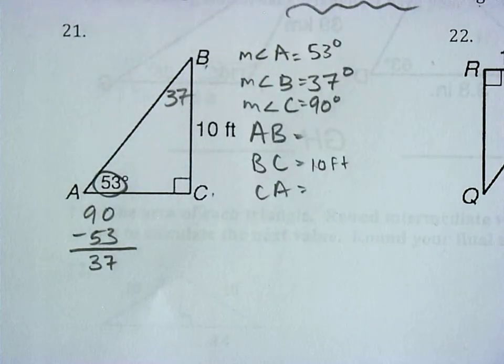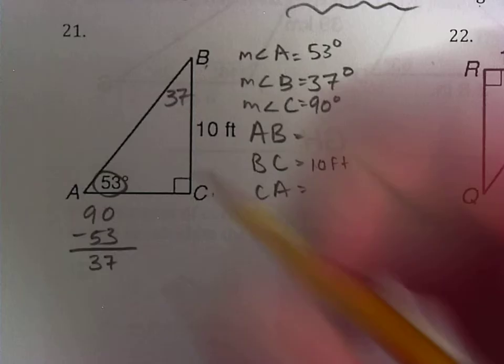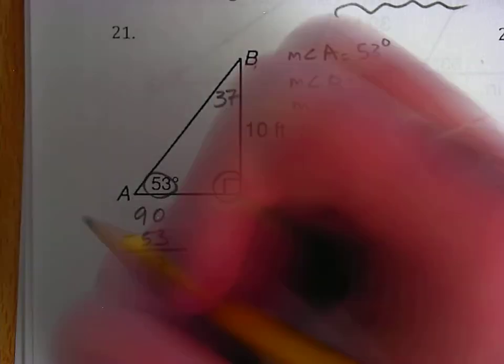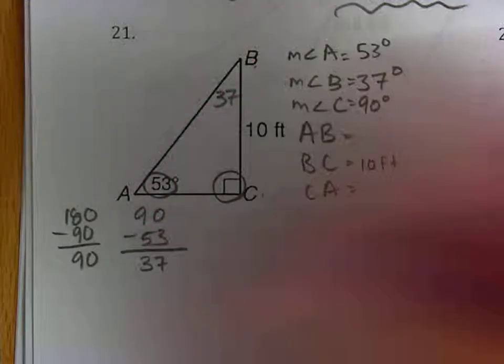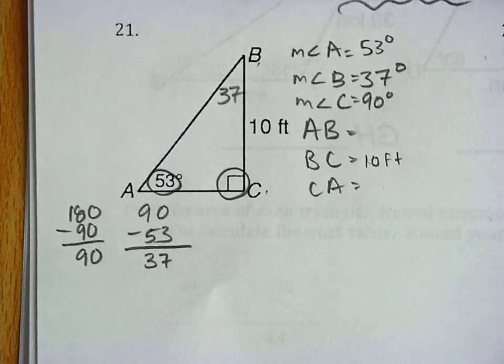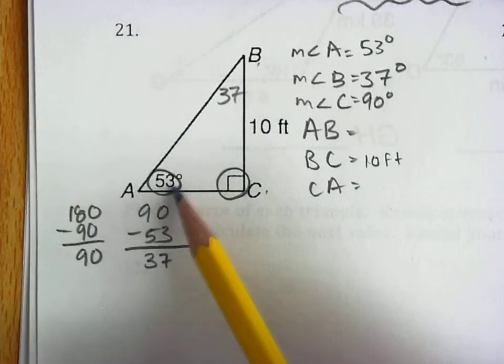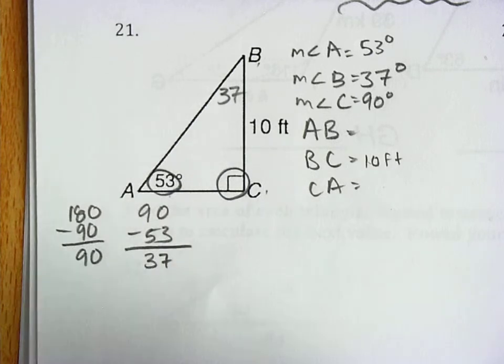You say, why do you subtract from 90? Well, we know this right angle is 90, and these are all right triangles, right? So if we were to start by subtracting from 180, I'm sorry, we're always going to have 90 left over. So we just take this angle and subtract it from 90, and we get the other angle.